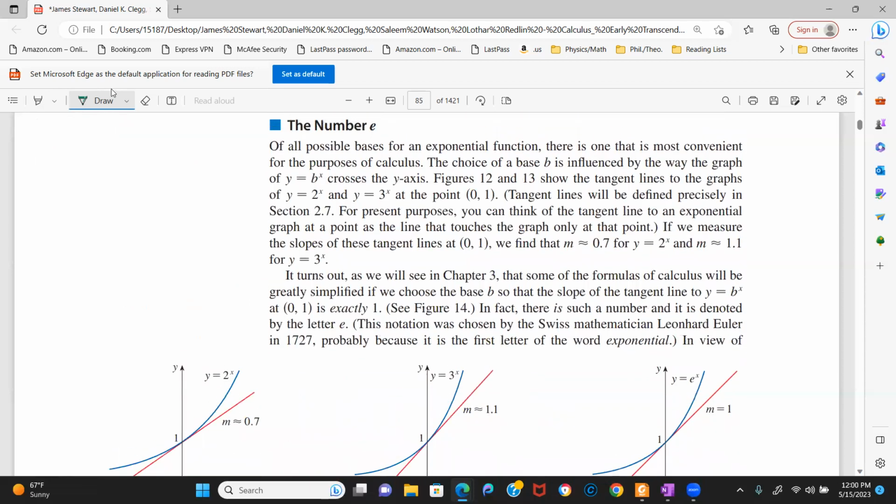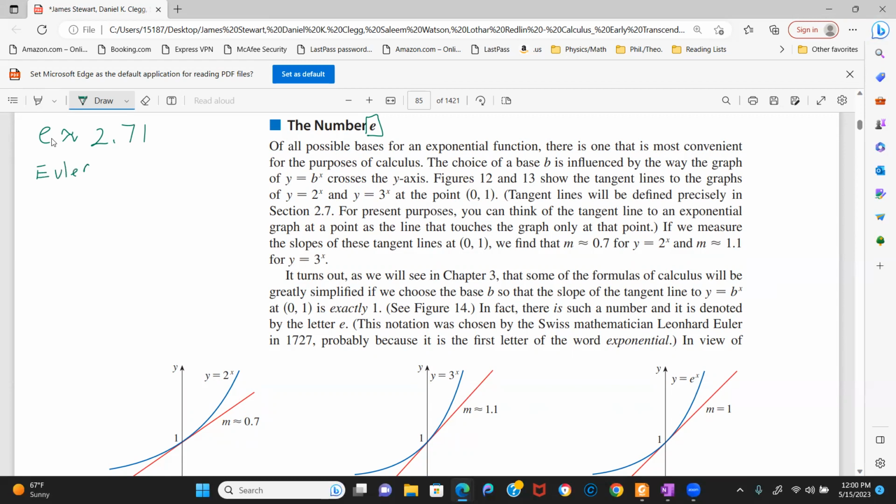And then the next thing we want to look at is this particular number e. We're going to mostly look at functions of base e. It's approximately 2.71.